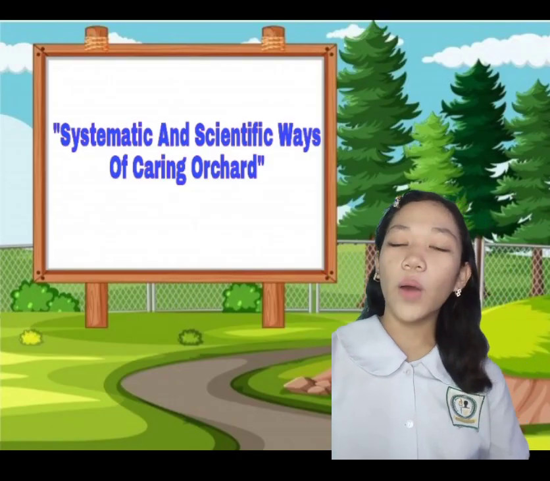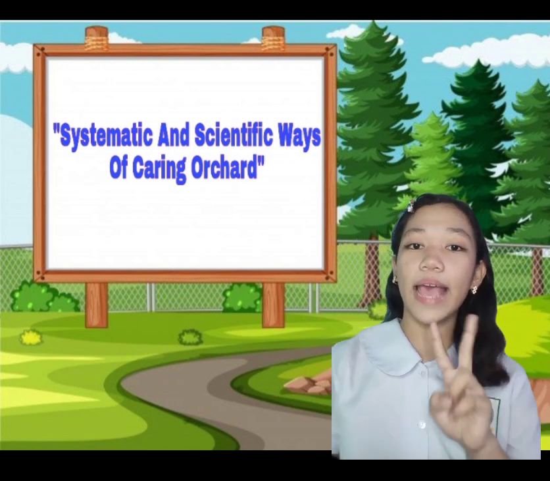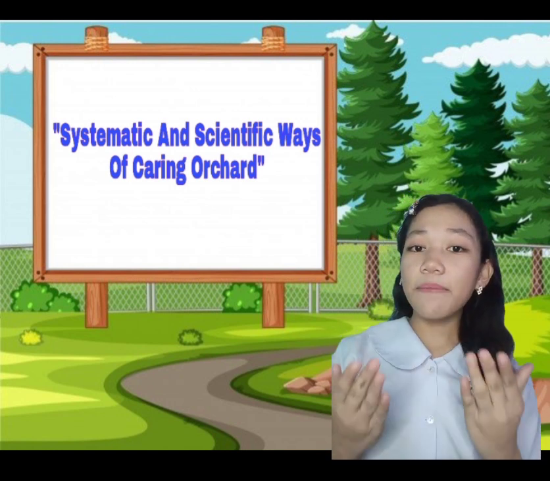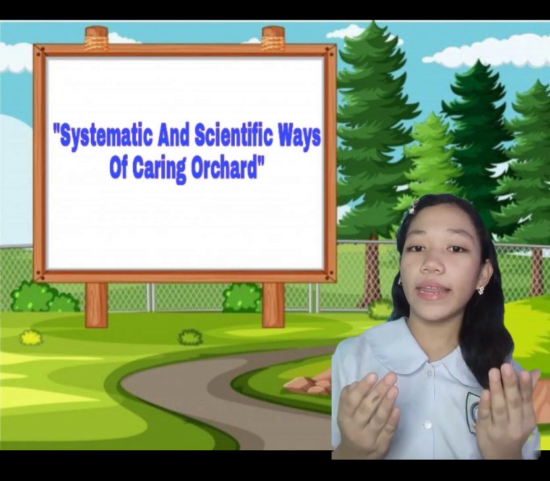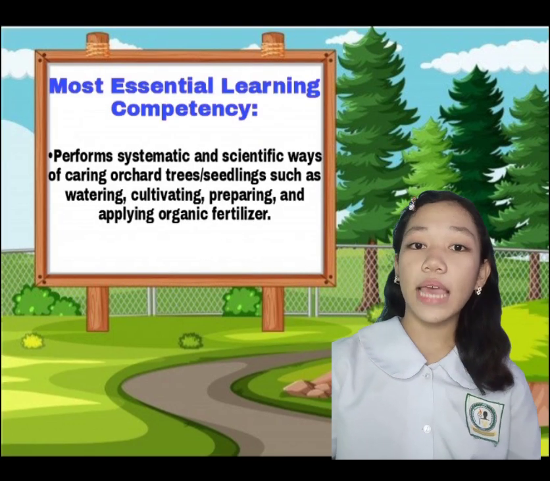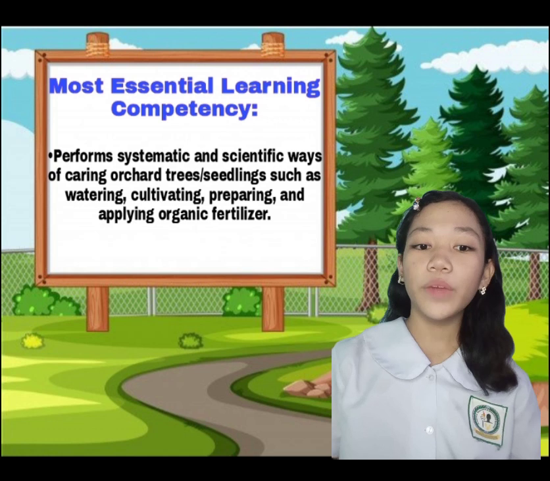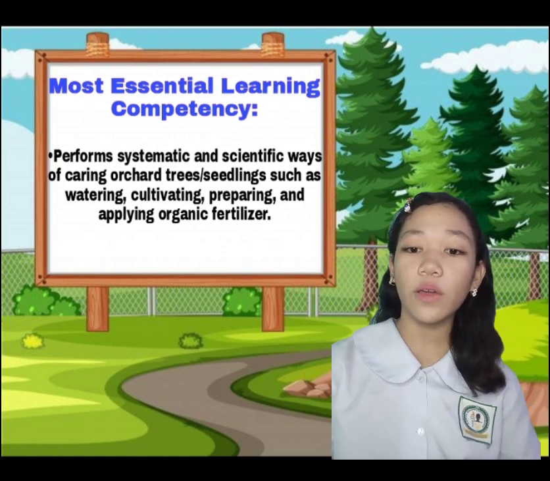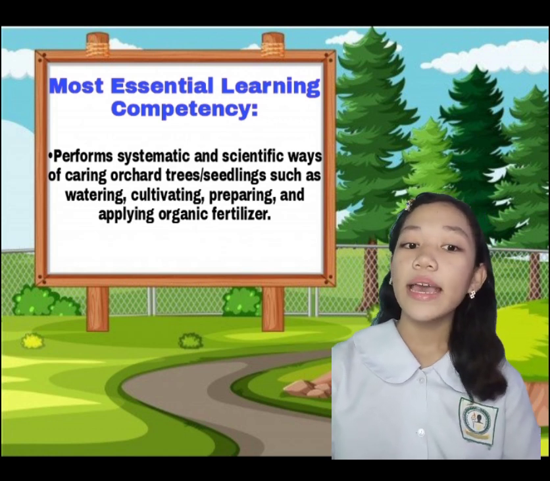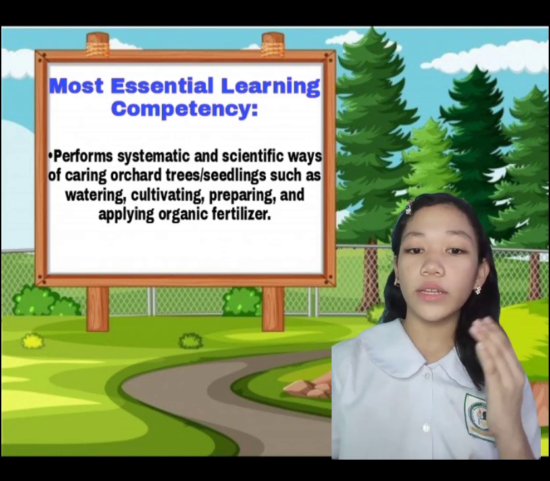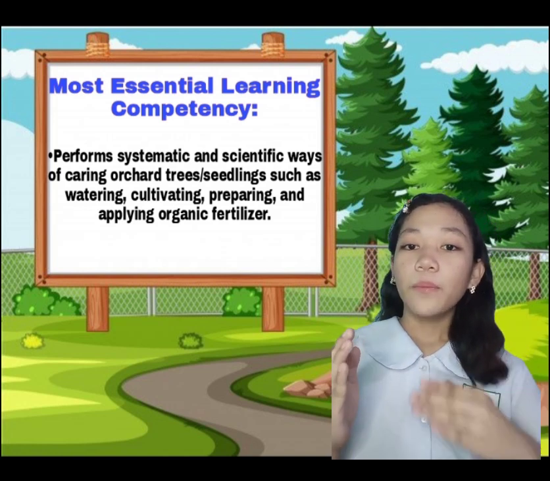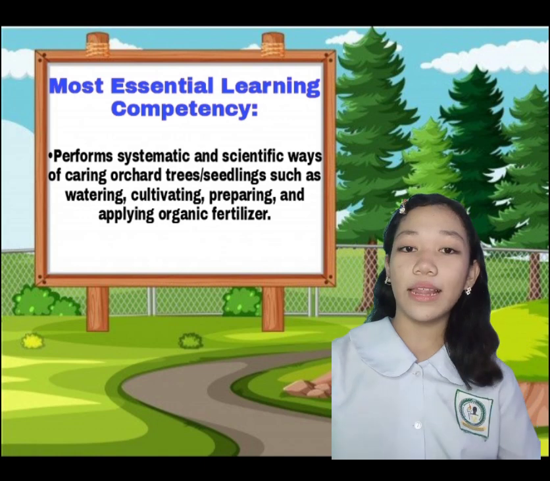Okay, so now we will go to our second lesson, which is systematic and scientific ways of caring for an orchard. The most essential learning competency is to perform systematic and scientific ways of caring for orchard trees and seedlings, such as watering, cultivating, preparing, and applying organic fertilizer.